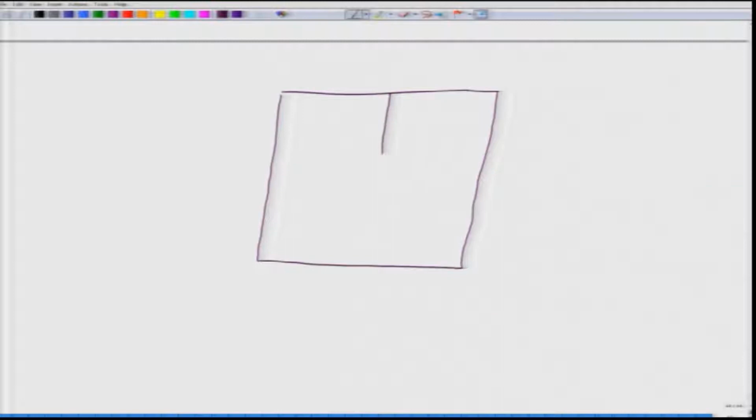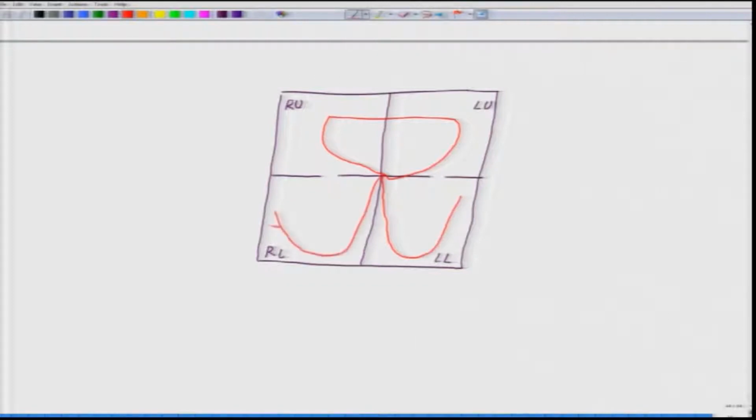Say for example, let's keep this diagram simple. If this is the four chambers of the heart, right upper, left upper, right lower, left lower, and we have already seen that this is how the pacemaker circuit is.